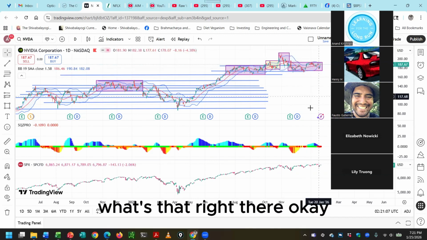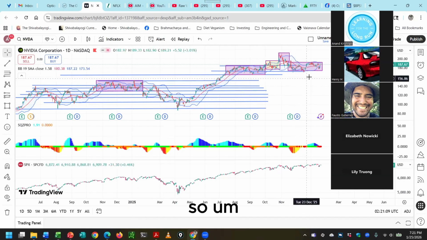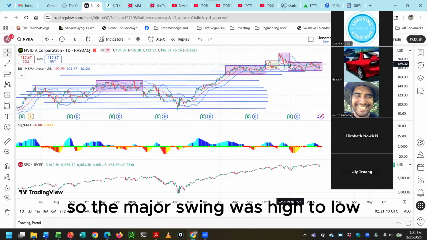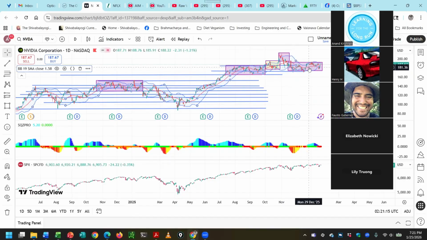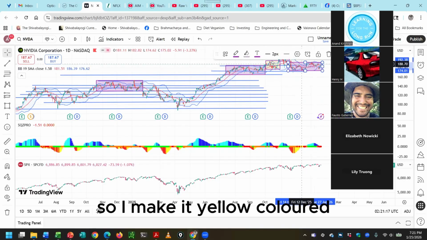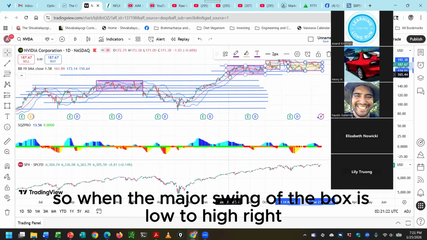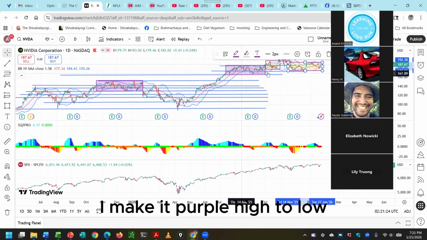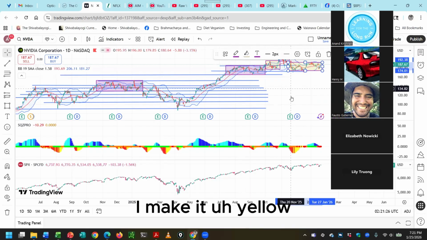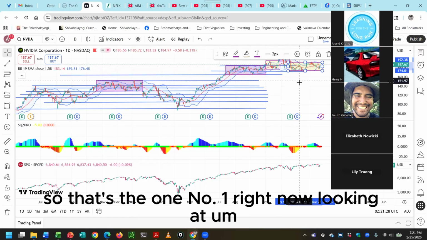Okay, so high to low. So the major swing was high to low, so I make it yellow colored. When the major swing of the box is low to high, I make it purple. High to low, I make it yellow. So that's the number one.